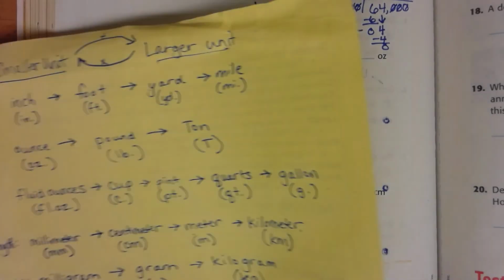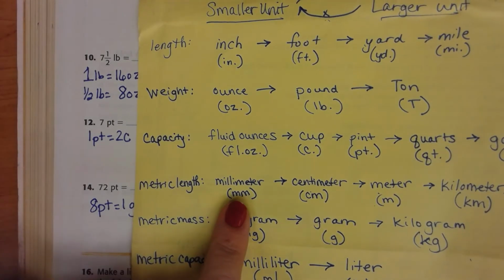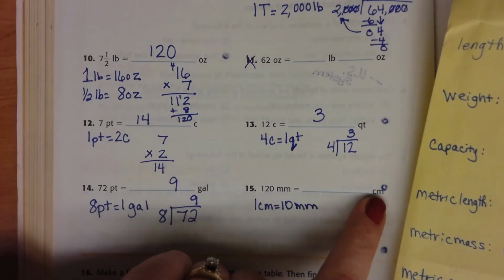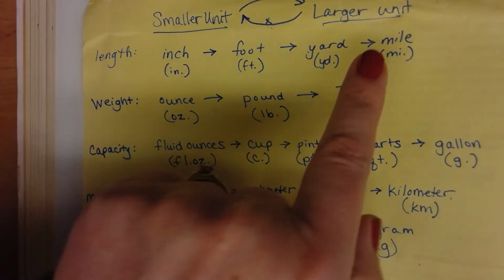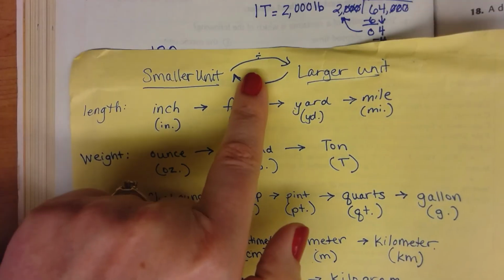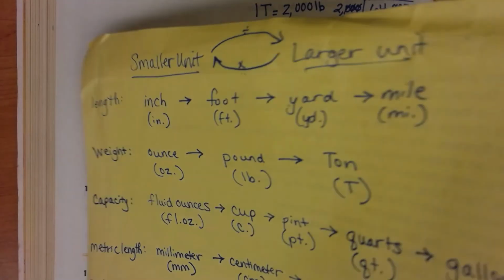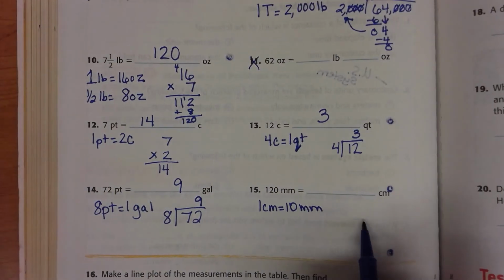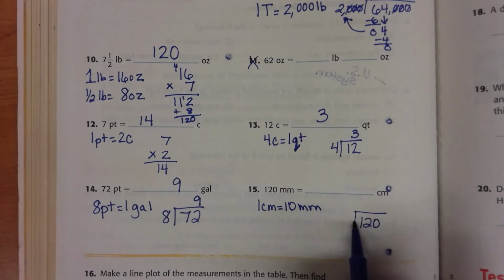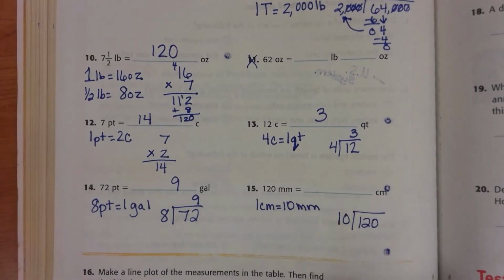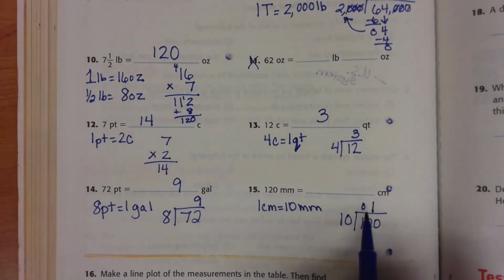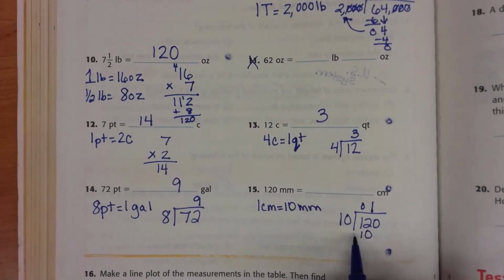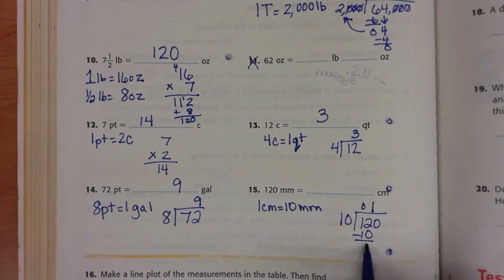And if we're looking here on the back, we're going from millimeters to centimeters. So millimeters to centimeters is smaller unit to larger, meaning we're going to divide. So we take 120 and we're going to divide it by 10. 10 can go into 1 no times. 10 can go into 12 once. 1 times 10 is 10. 12 take away 10 is 2.